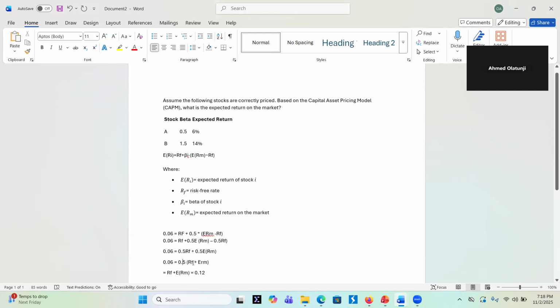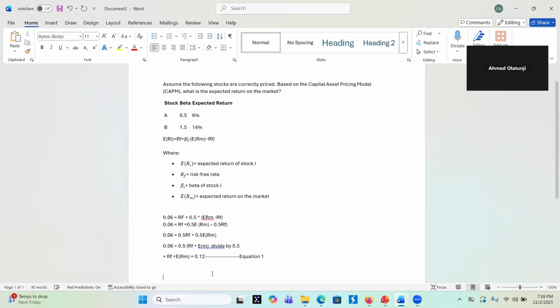So once you divide by 0.5, you get this. So let's call this equation 1.